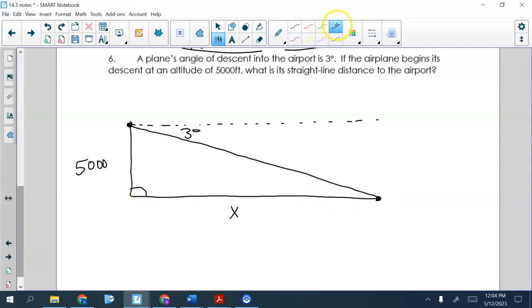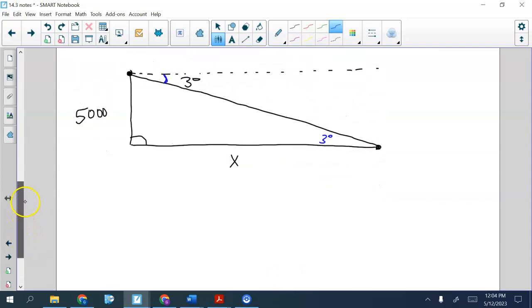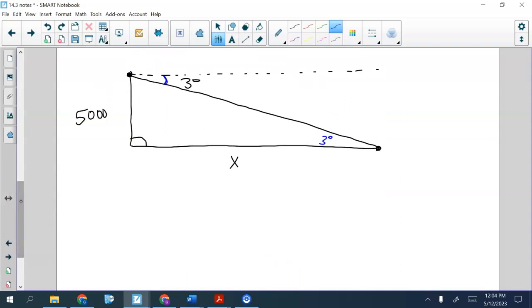So if we know the angle of depression, or this angle of descent, is 3 degrees, then the angle of elevation is also 3 degrees. So why don't you guys work on finding out what x is? You can pause the video if you need more time.